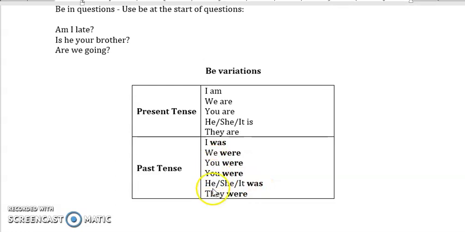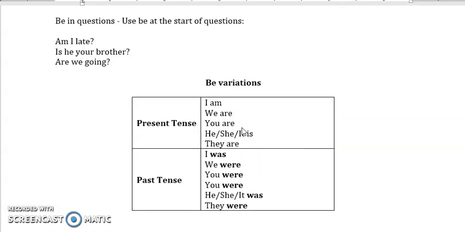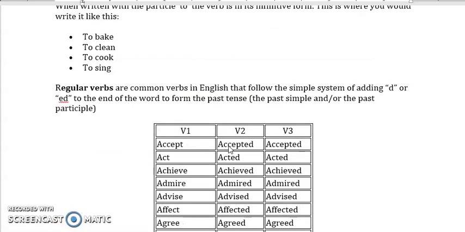Okay, they, we, you, the subjects, or we can say the pronouns, are using were. So was and were for past tense be verb. Okay, for present tense, is, are, and am. Alright, so that's all for be verb and also for verbs.